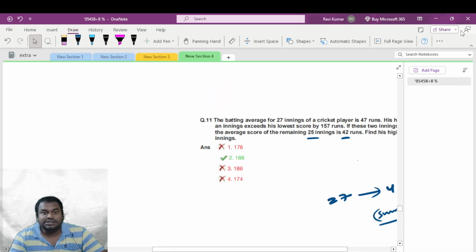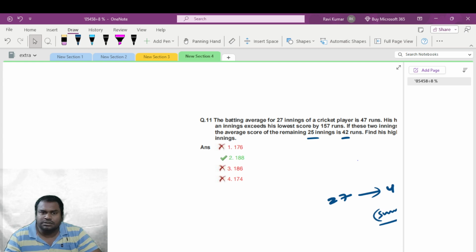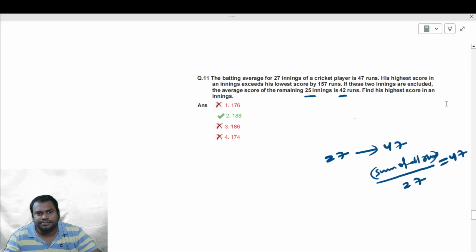Total, how many innings are there? He played 27. The sum of the 27 innings you can get by multiplying 27 with 47.